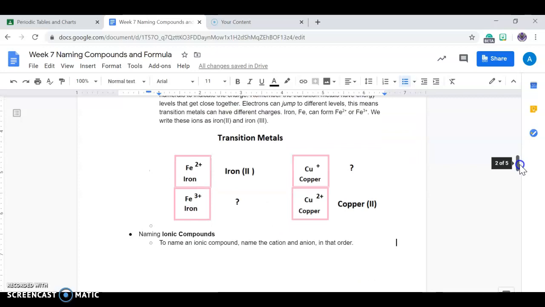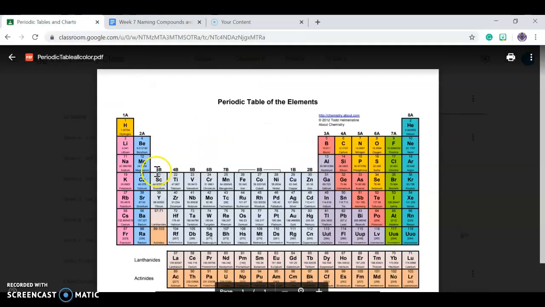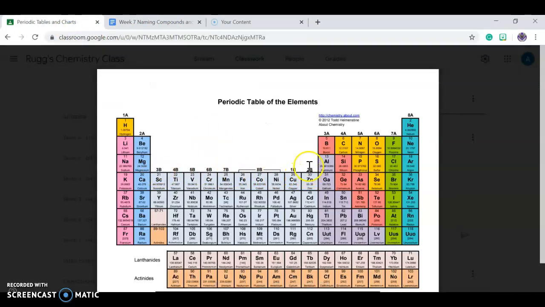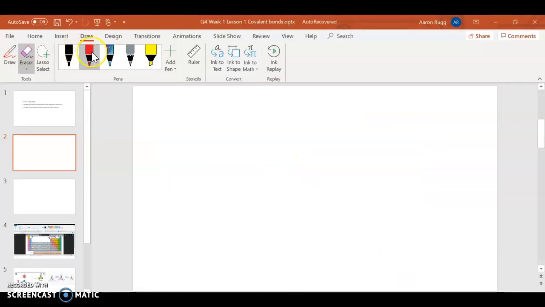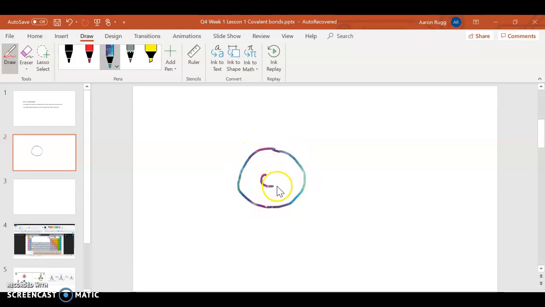Now let's look at transition metals. We talked about electron configuration with transition metals. You'll remember this is our D block, right? What happens is in the D block, my energy levels, when I start to get to D, right? So my first energy level just has one orbital. My second energy level has 2 orbitals.